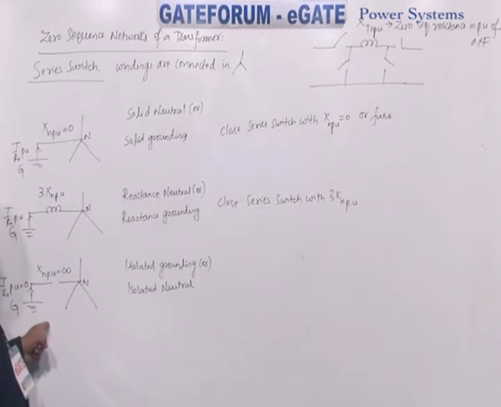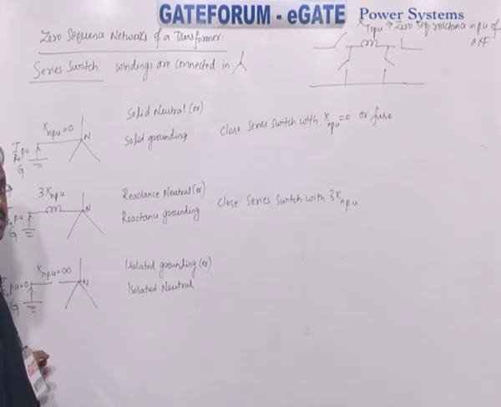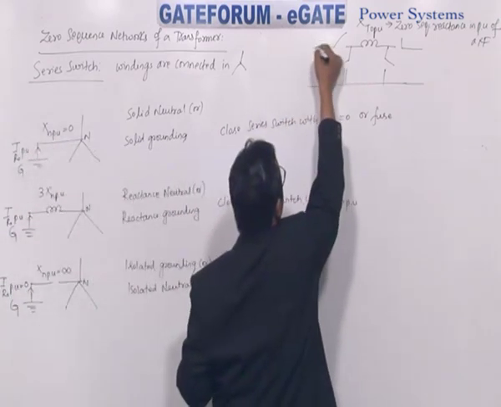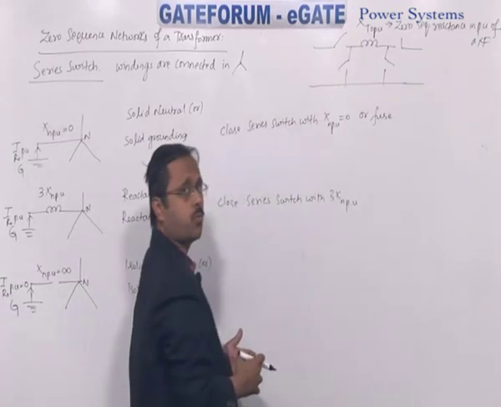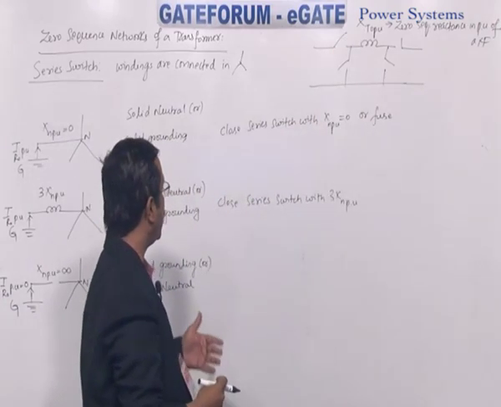Now here there is no zero sequence current flowing from ground to neutral. IR naught per unit 0. Zero sequence current does not flow, only when the switch is opened.